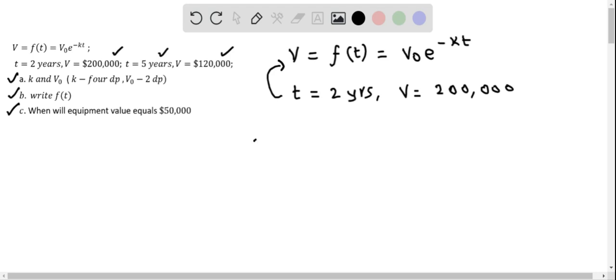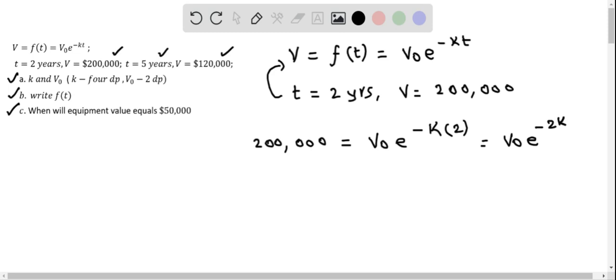So this equation becomes 200,000 on the left side, that is for V, equals V naught e power minus k times t equal to 2. So it's basically equal to V naught e power minus 2k. Let's call this equation number 1.